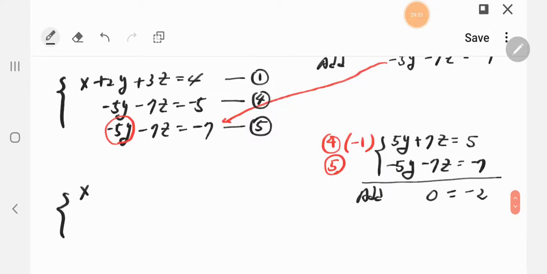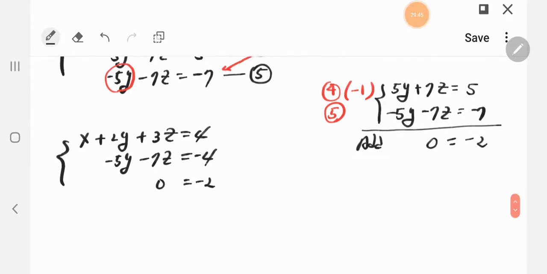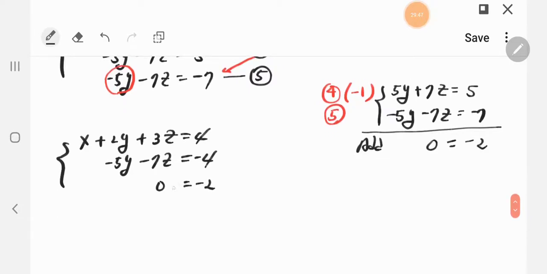So, okay, let me rewrite this. The first equation is the same. The second equation is also the same. And the third equation is replaced by 0 equals negative 2. Okay, 0 on the left hand side of the equation means 0z, isn't it? So this means 0z is equal to negative 2.